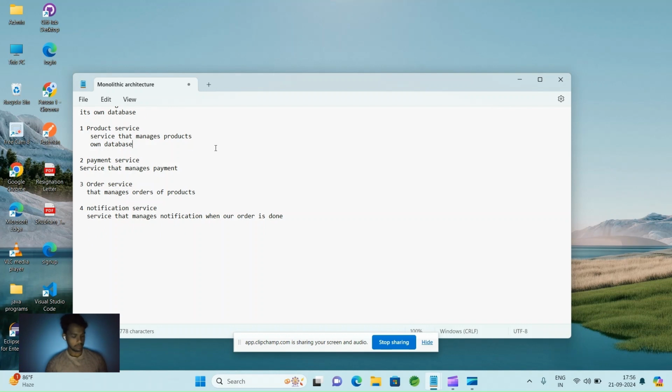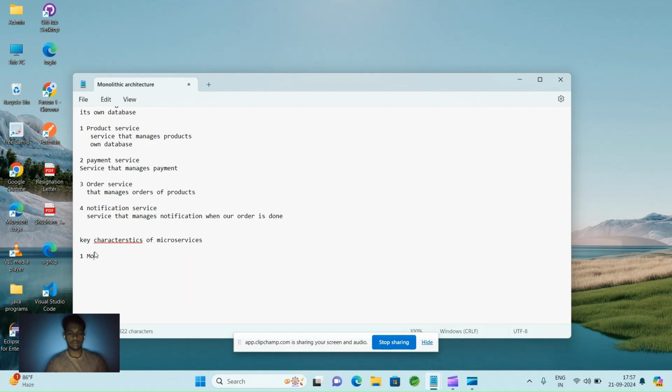Okay, so let's see the key characteristics of microservices.